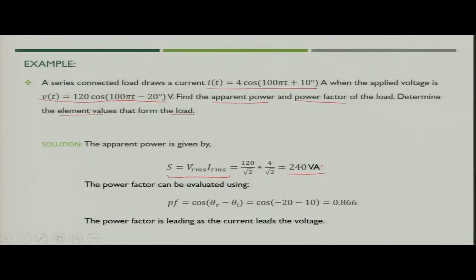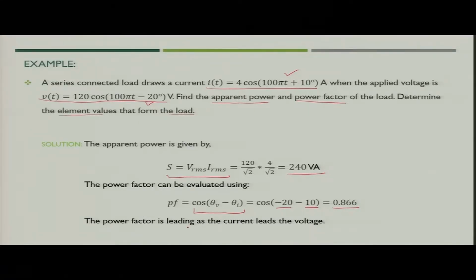Now, power factor you can simply calculate with the help of these two expressions, because power factor is nothing but cos(θV − θI). Here θV is −20 degrees and θI is 10 degrees. So, you will get power factor as cos(−30°), that is nothing but 0.866.